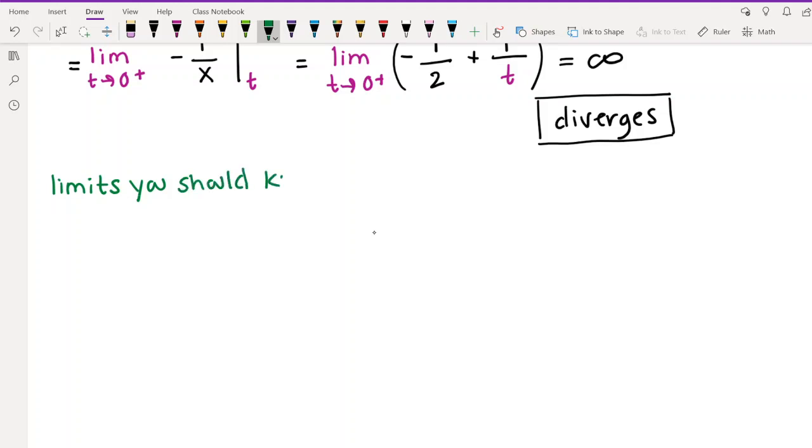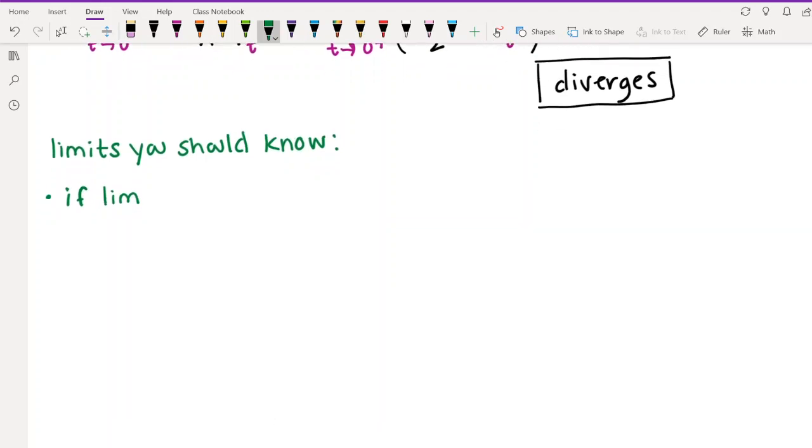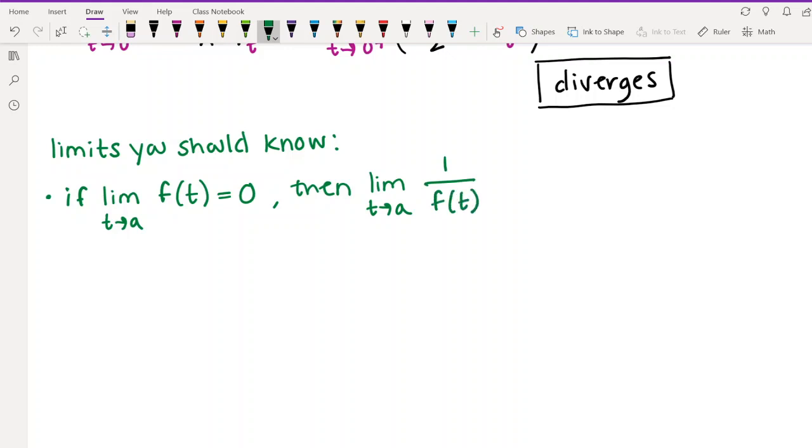So the first one is basically limits that look like what we just did. If you have a limit, and it doesn't matter whether it's approaching 0 or whatever it's approaching, but if you have the limit as t approaches some number a of some function f of t, if that limit is equal to 0, then the limit as t approaches a of 1 over f of t is either equal to positive or negative infinity.